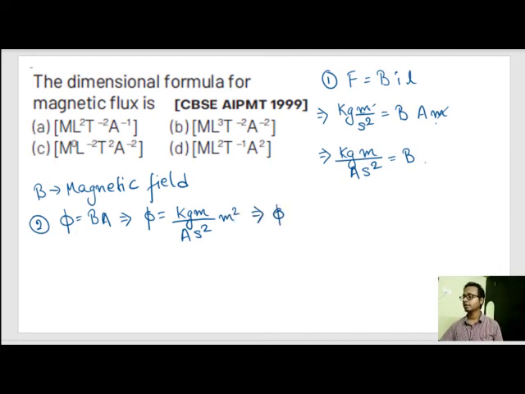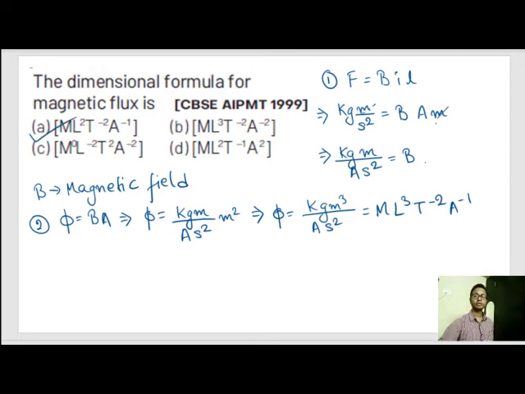So magnetic flux is kg meter cube by ampere into second square. Kg becomes mass, meter cube becomes length cube, second square becomes time to the power minus 2, and ampere becomes current to the power minus 1. So our correct option is option number A. Okay, so let's look at the next question.